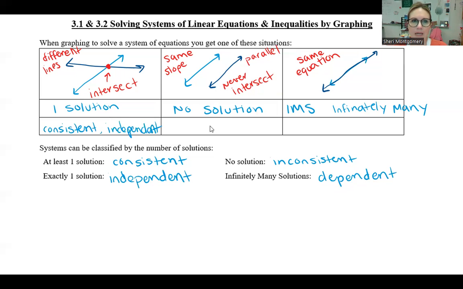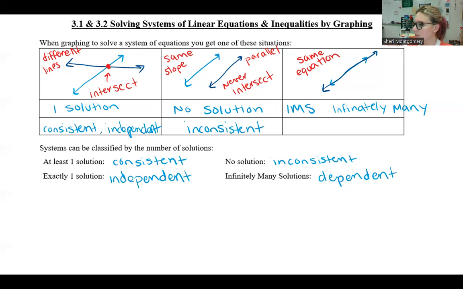What about parallel lines? What could we call them? Inconsistent, and that's really it. What about infinitely many solutions? What could we call it? Dependent. What else? Consistent.